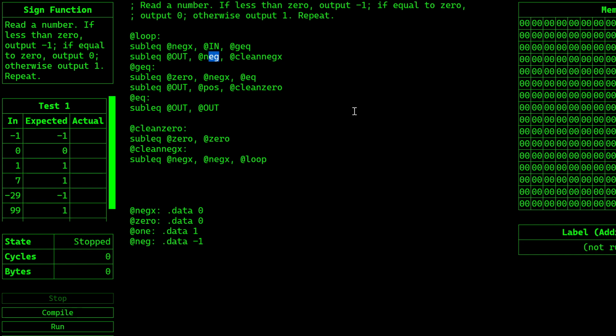And we should subtract 1 from output. Right. And instead of pos, we have neg now. Is that all I needed to change?